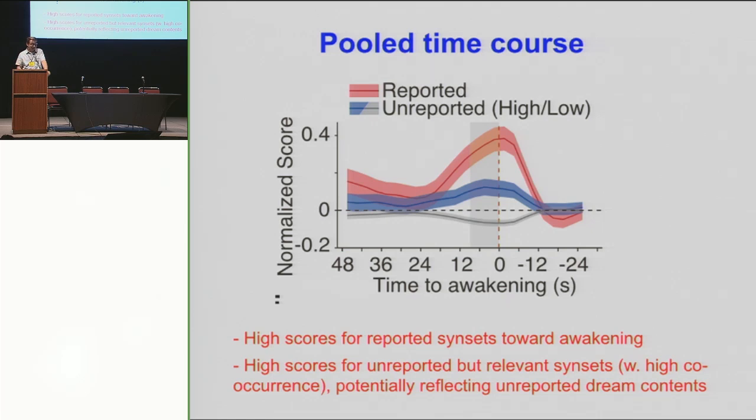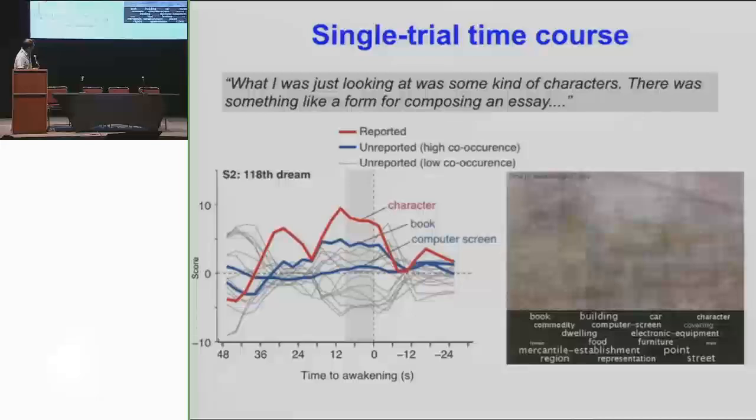So this may mean that by brain decoding, we are able to decode what is not explicitly reported by the subject. Long time before awakening, there's no difference between conditions, but this does not necessarily mean that the subject is not dreaming. For instance, here we have high scores, but this is not reflected in the report.